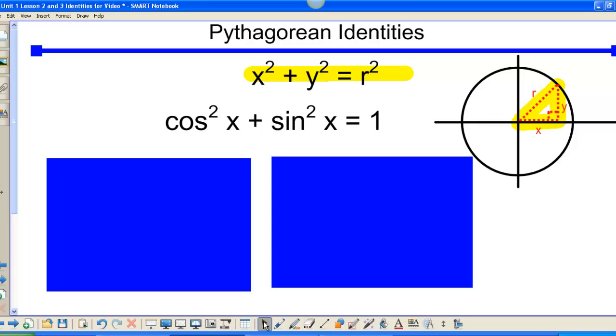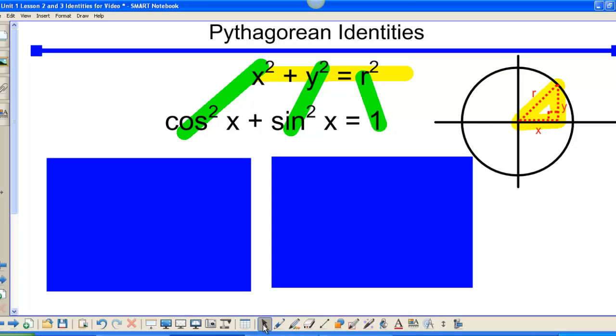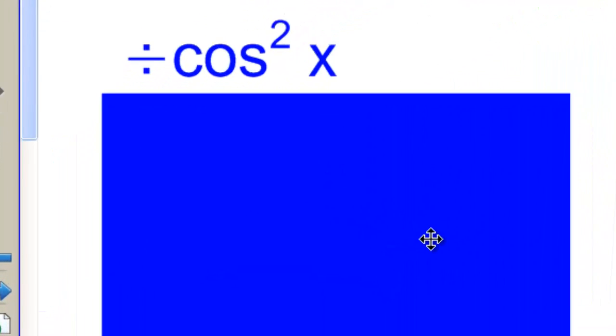As we know from the unit circle, provided that the radius is 1, the x is equivalent to your cosine. The y is equivalent to your sine, and the radius is 1. So cosine squared x plus sine squared x equals 1 is the main Pythagorean identity you need to know. Hopefully it's something that isn't too taxing to memorize if you know where it stems from.